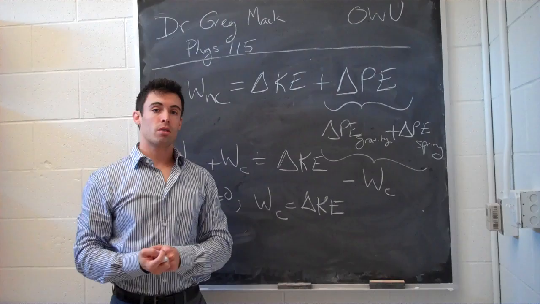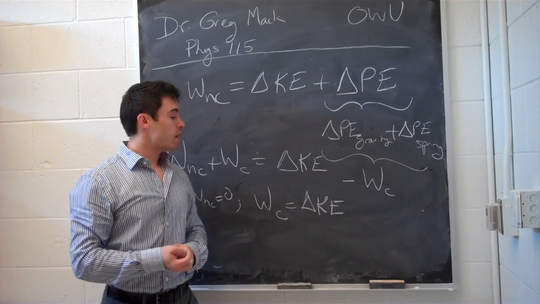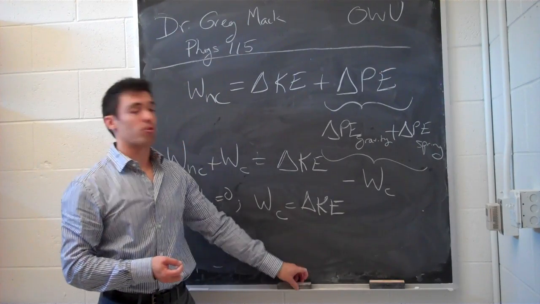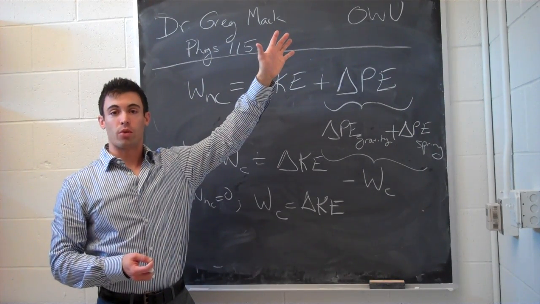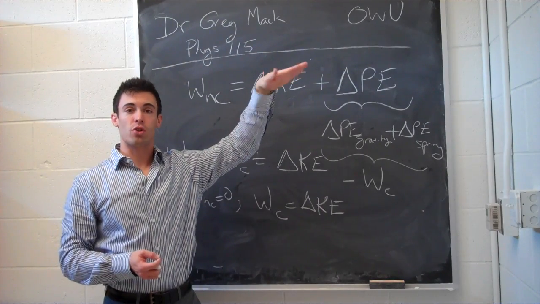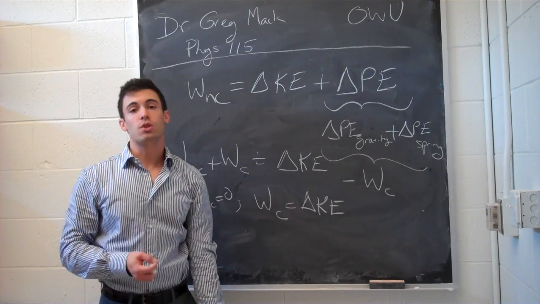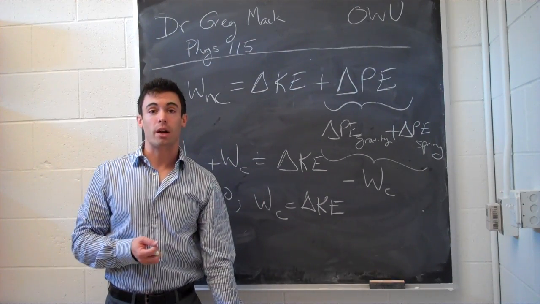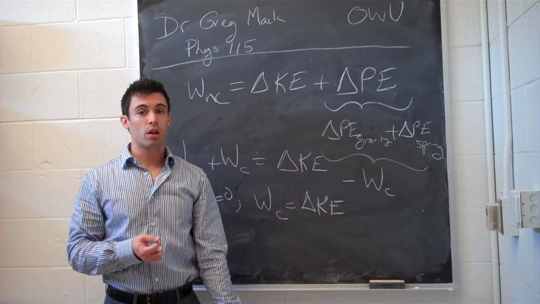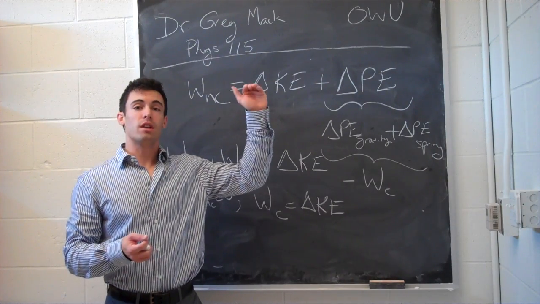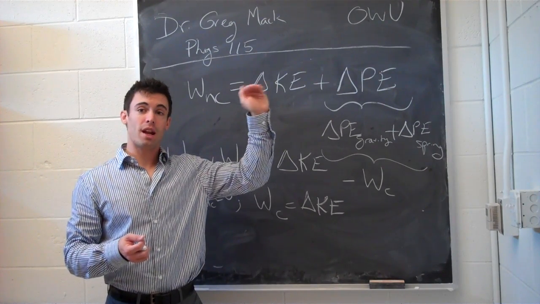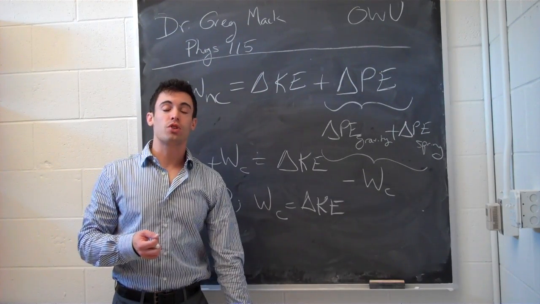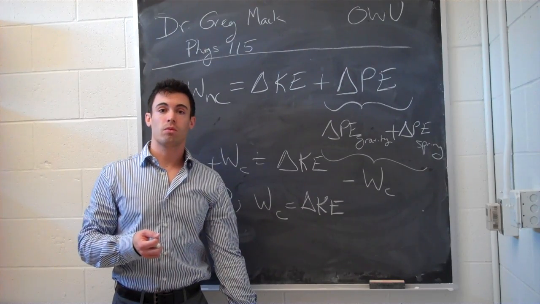So if W_NC equals 0, then the kinetic energy change is equal to the work done by those conservative forces. So, work done by gravity, in moving this eraser down to the ground, has converted the potential energy up here into kinetic energy, or it's caused the change in kinetic energy from 0 to what it is at the bottom. Gravity has done work on the object to give it energy, to change its state from kinetic energy of 0 to kinetic energy of a number at the bottom.